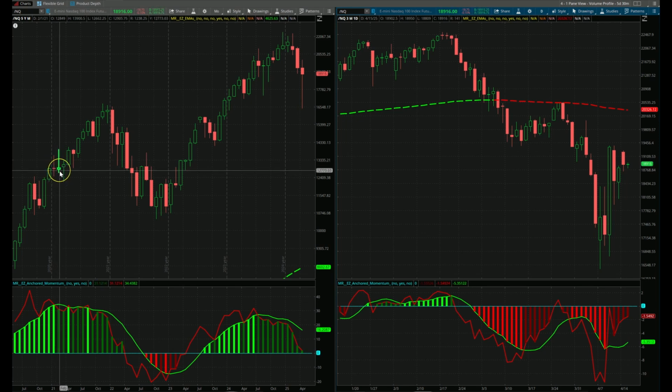And what happened after that? Price kept going, so it's saying, yeah, the bull market is raging higher. But the anchor momentum is telling you something different. Things are starting to break down here. So the higher it pushes, the more the anchor momentum is saying, get out. Get out.